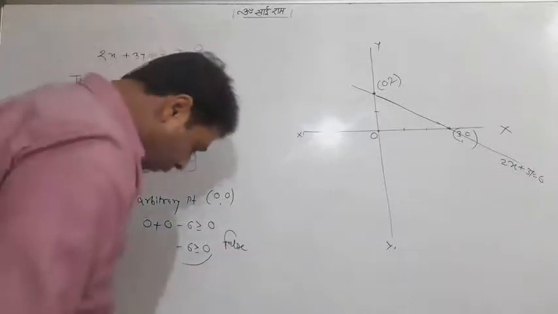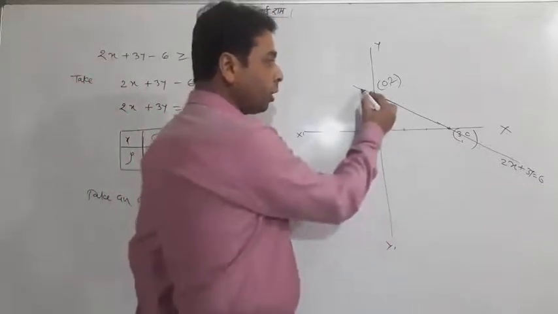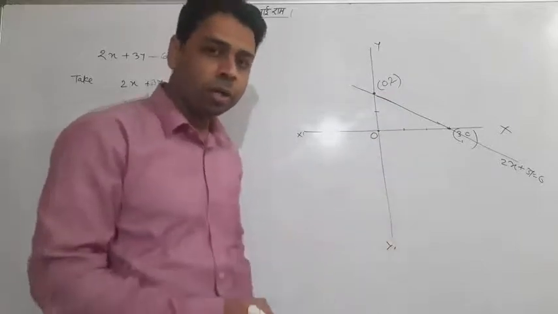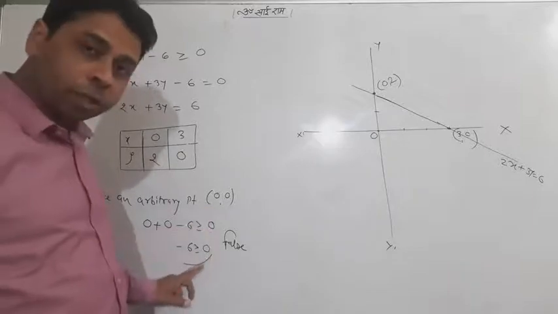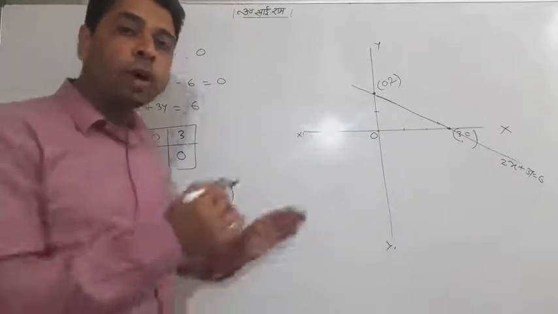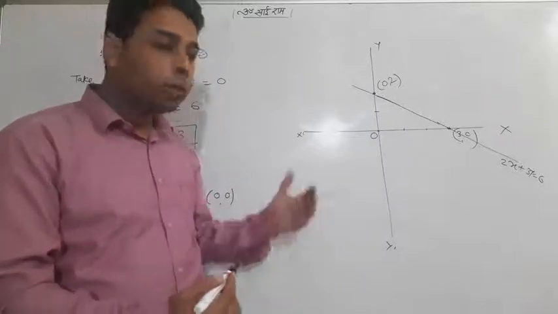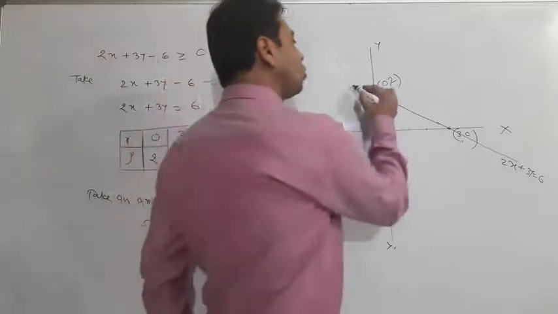What is the meaning of getting a false answer? A false answer indicates that your region does not contain the origin, because (0, 0) is not satisfying the inequality. It means the inequality's required region, or shaded region, will not contain the origin point. It will be just opposite of the origin point.